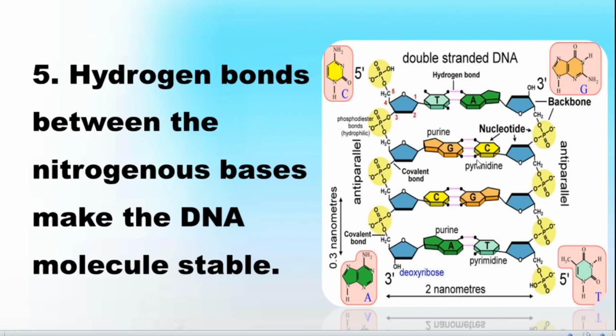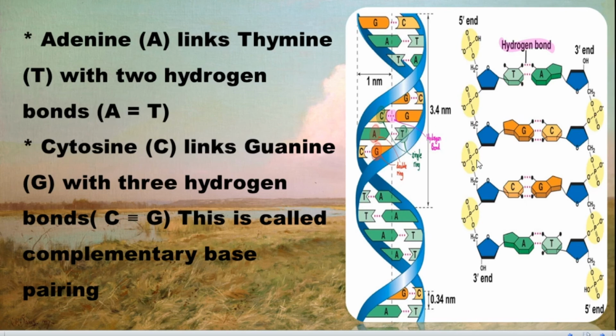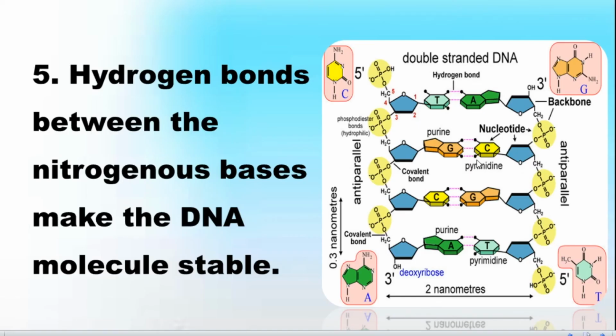One more question may ask: hydrogen bonds between the nitrogenous bases make the DNA molecule stable, so it may be asked as a dash between the nitrogenous bases that makes the DNA molecule stable. Here it may also be asked as match the following. Find the error statement or false statement and correct it; they may ask that.